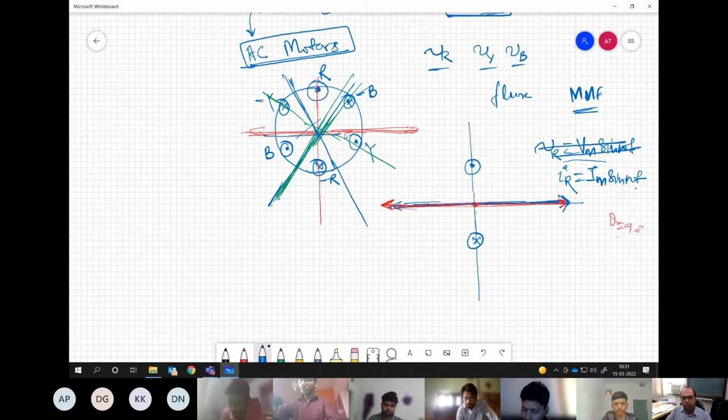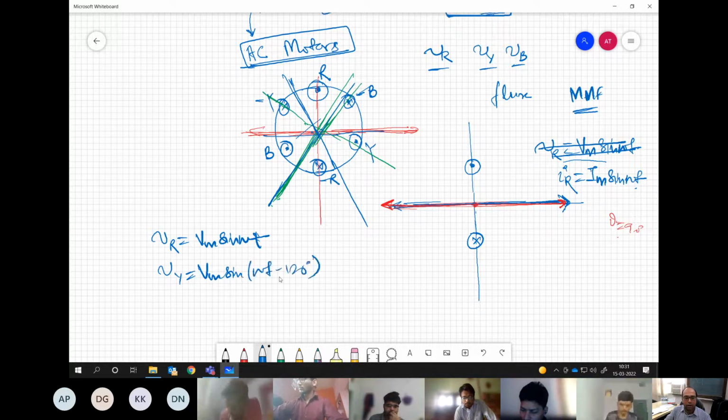So three fluxes will be changing only along their axes. And when you apply voltages which are time distributed, or time shifted, these different voltages are going to have peak values at different times.